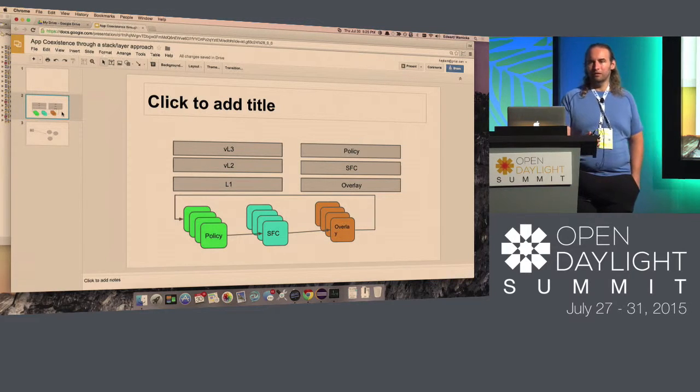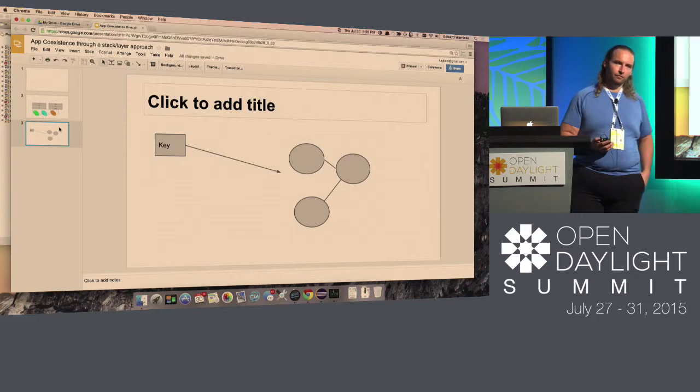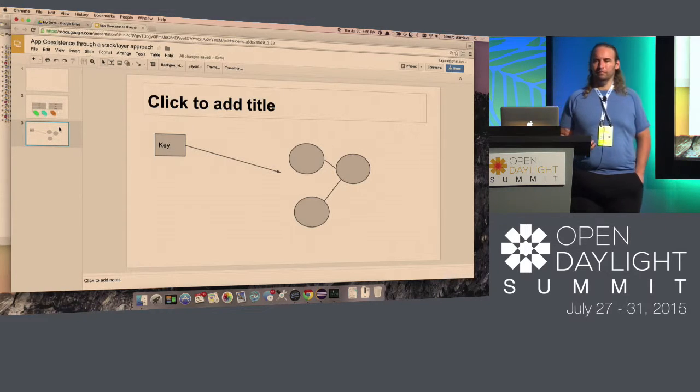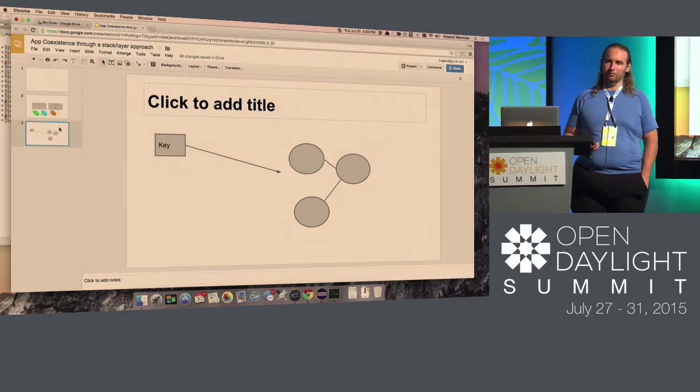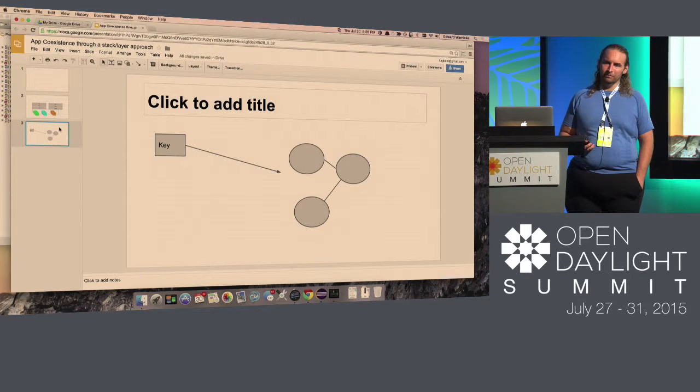Yes. Right. And so that gives us a good way of representing these, and then within each service, within each hop or step of this overlay, each one can define its own overlay and how it wants to go through that. And that gives, I think, a good view of how we can use this mapping of a key to an overlay, and how it would map well to this model.